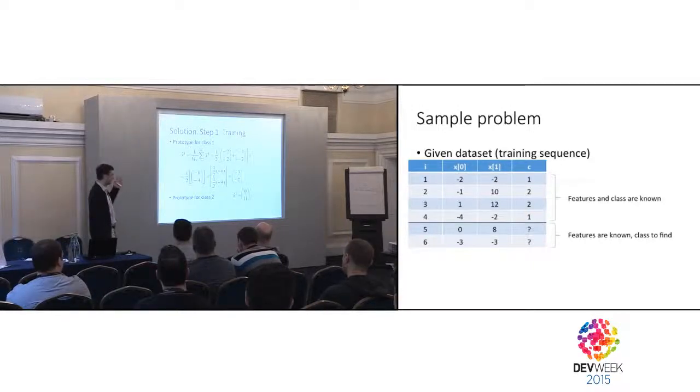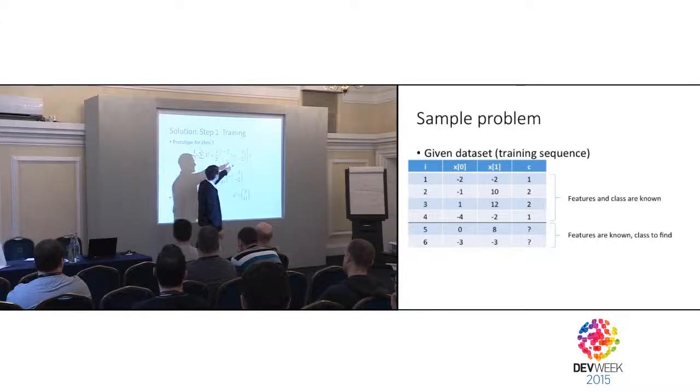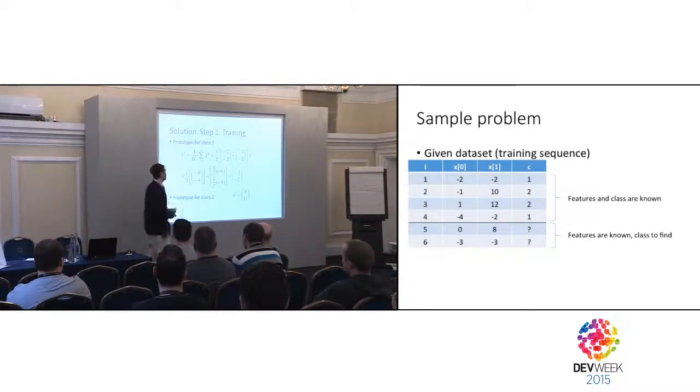So the method of recognizing by prototypes requires us to compute a prototype for each class. A prototype is the averaged feature vector. We had two examples, and to compute the average over a few numbers, we need to sum all these numbers and divide by the number of elements.